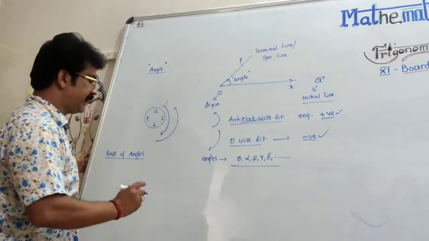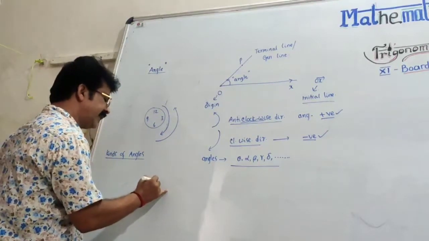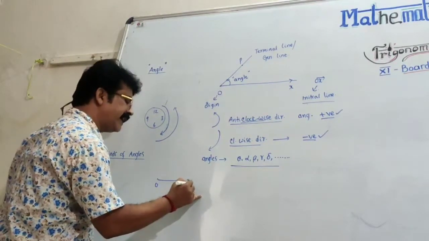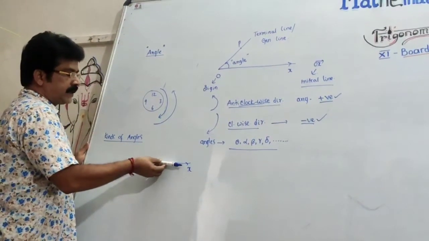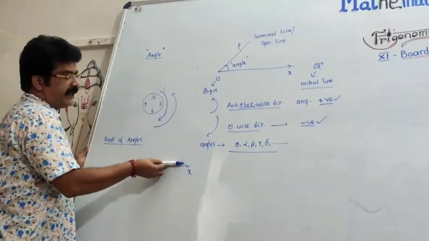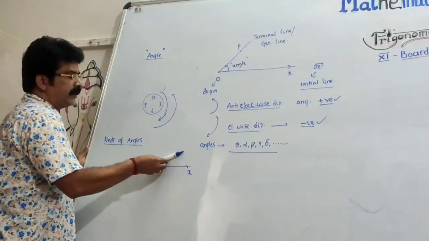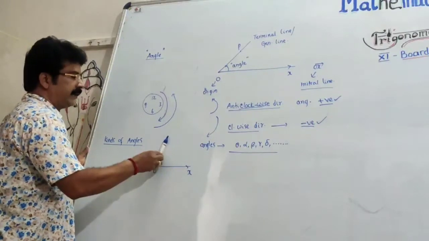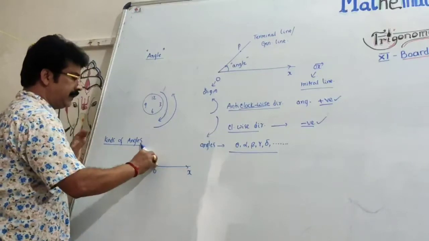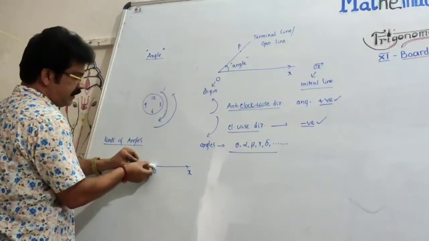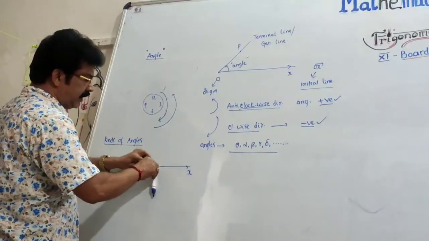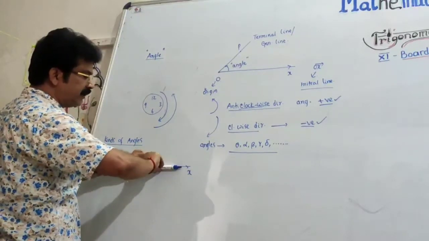Okay, one minute. Actually, this is the origin. This is the initial line OX. Next, it is rotating in anti-clockwise direction like that, and this is a half rotation, a half revolution. This one, back at OX, is one complete revolution.